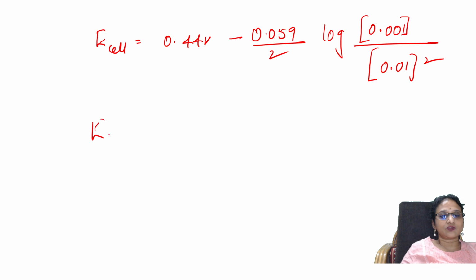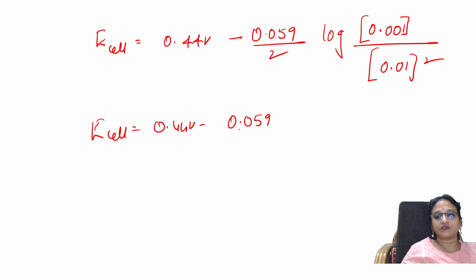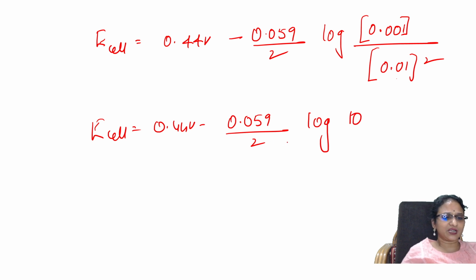So when I solve that, just you only check students, I can make this under base 10, this also base 10. When it goes up, everything gets cancelled and I'll be getting log 10. Log 10 is nothing but 1 only. So E cell is equal to 0.44 minus.